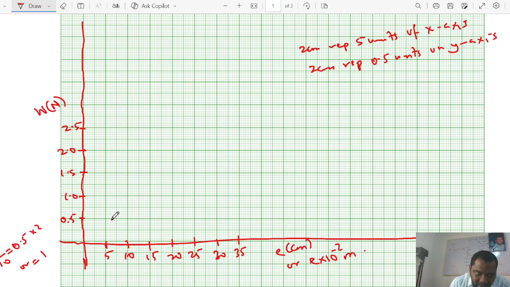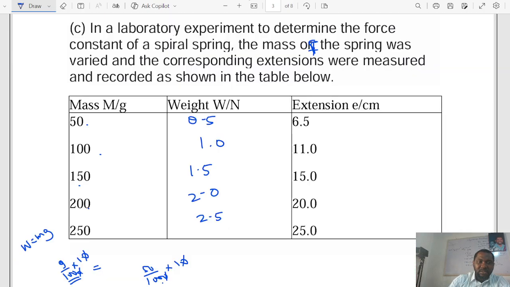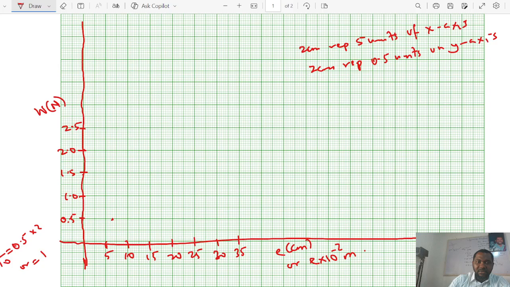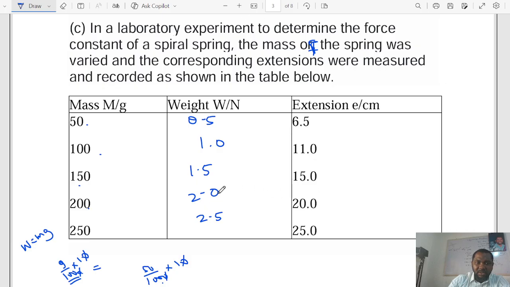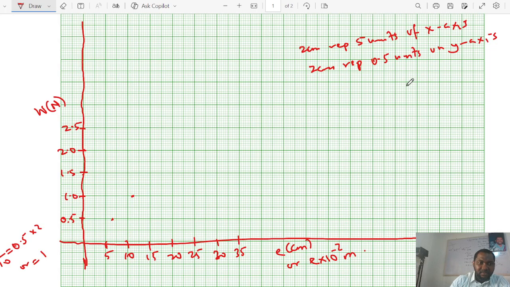So somewhere here, right? Then the next one is 1.0, 11. So 11 is somewhere here. Okay. Then the next one is 1.5, 15.